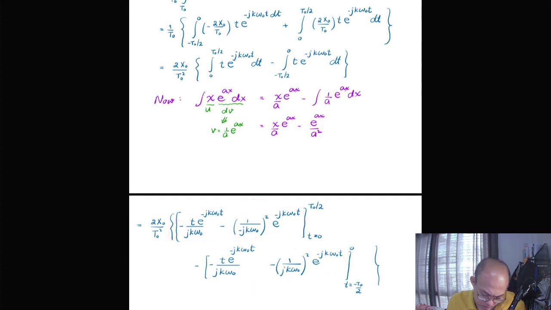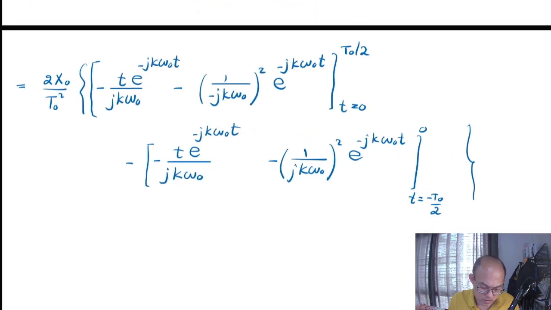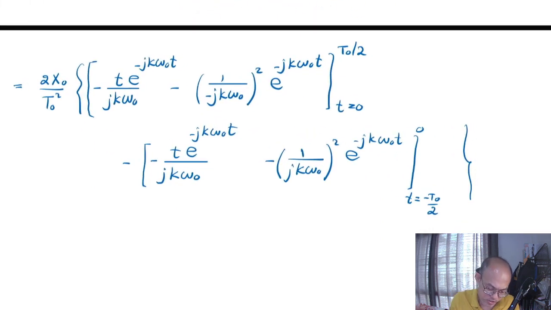All right, but the boundary conditions for the two are not the same. Now I have to plug in the boundary conditions. Here t0 over 2, so I plug in here.